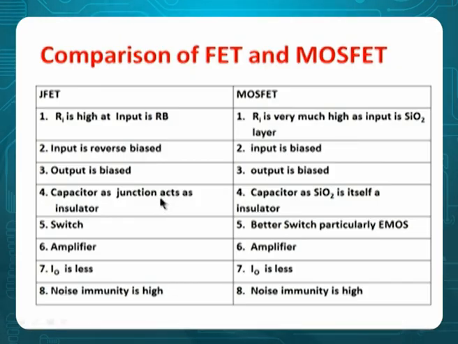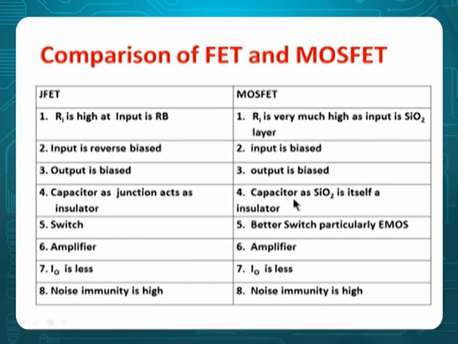Indirectly speaking, input is reverse biased and output is just biased in FET, whereas in MOSFET both are just biased. It acts as a capacitor because in the JFET the junction acts as an insulator, whereas in MOSFET the silicon dioxide layer is itself an insulator.